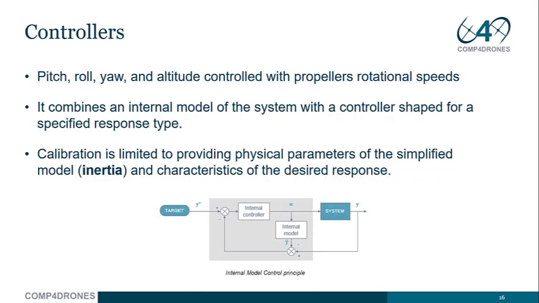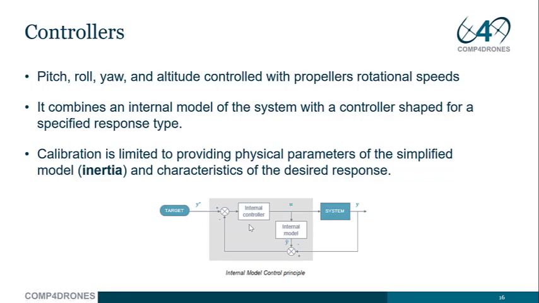For the controllers of the propellers' rotational speed, which in turn control the UAV attitude and altitude, we used a component available in the signal library of Amesim, which is based on the internal model control principle, represented here at the bottom of the slide.